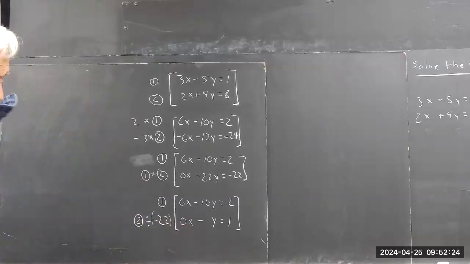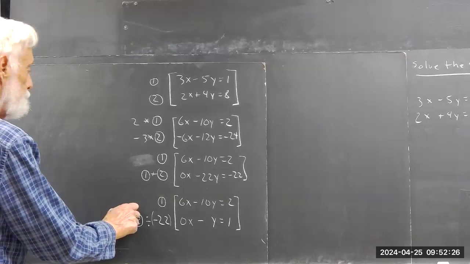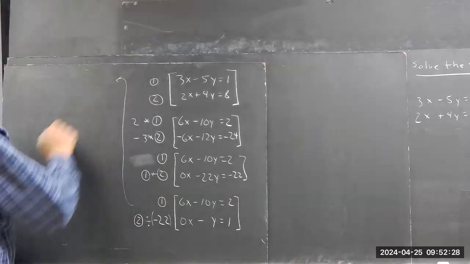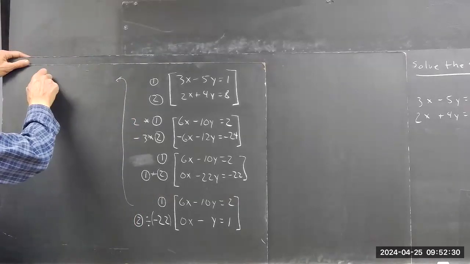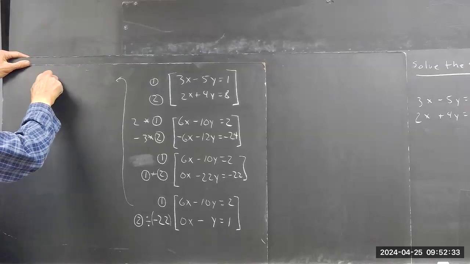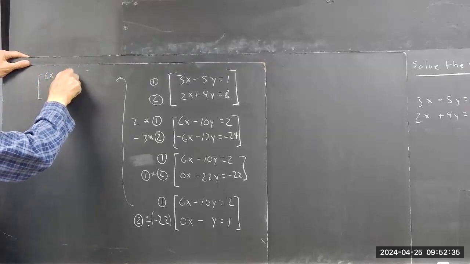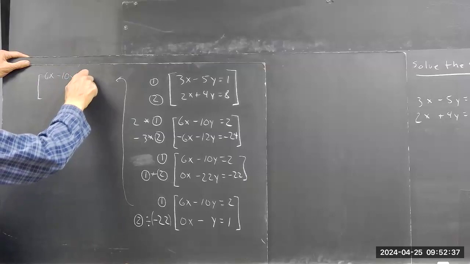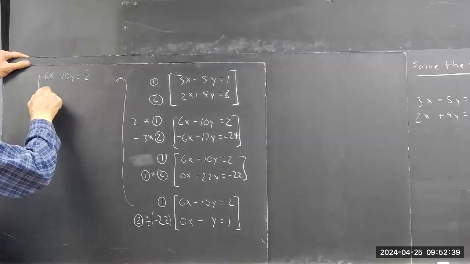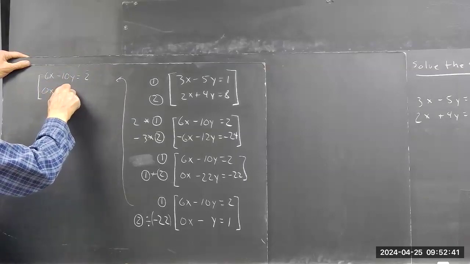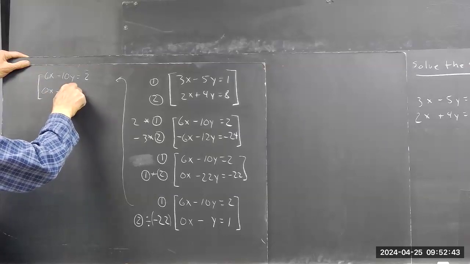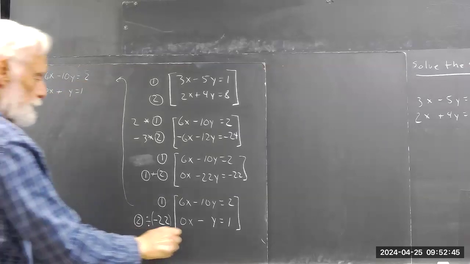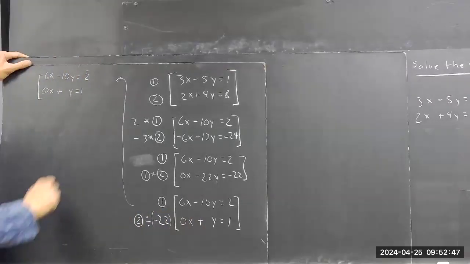Okay, so let's copy this down up here so we can continue it. So we have again 6x minus 10y equals 2, and 0x plus y equals 1. It's not minus y, it's plus y.